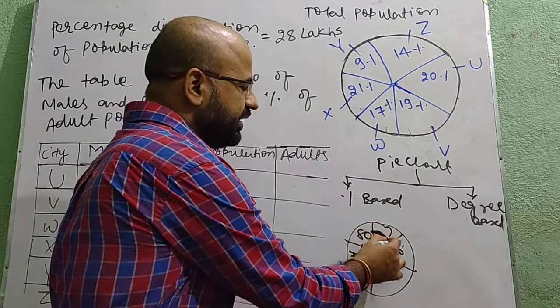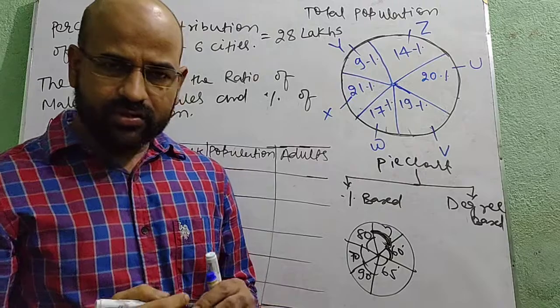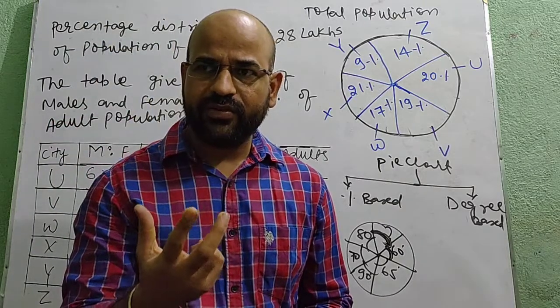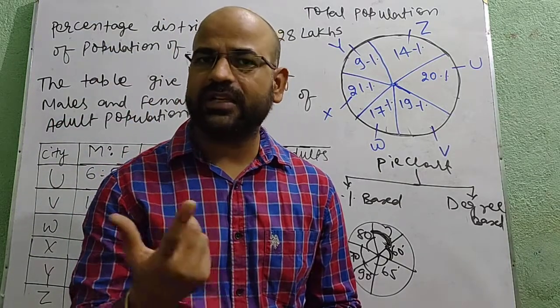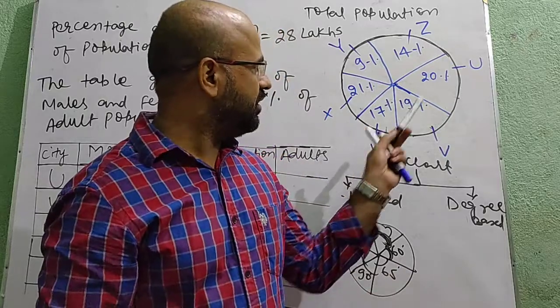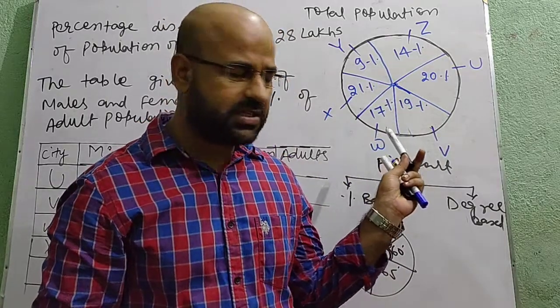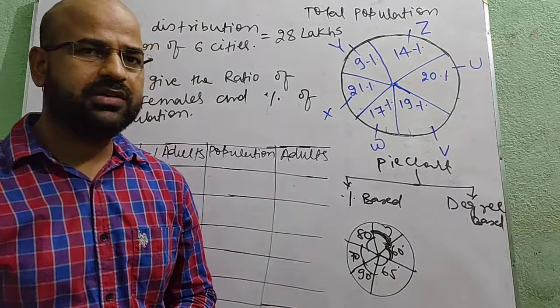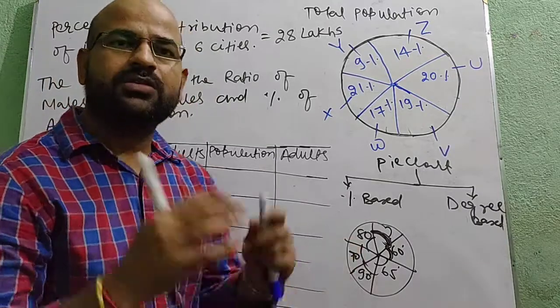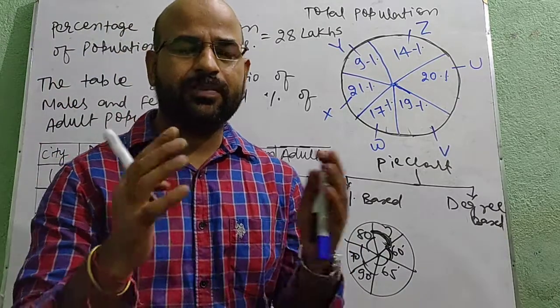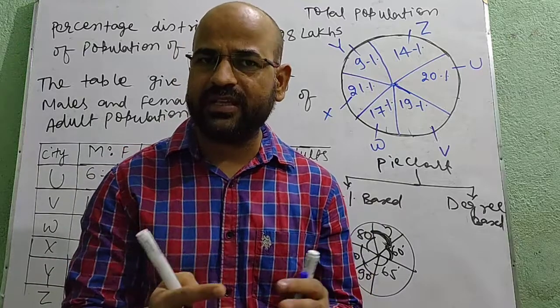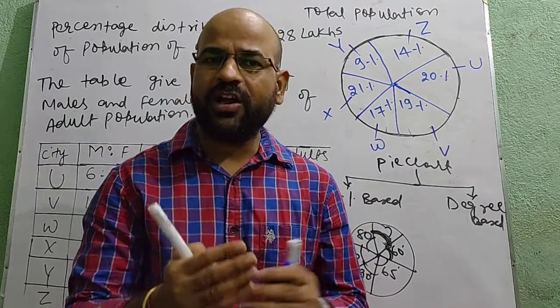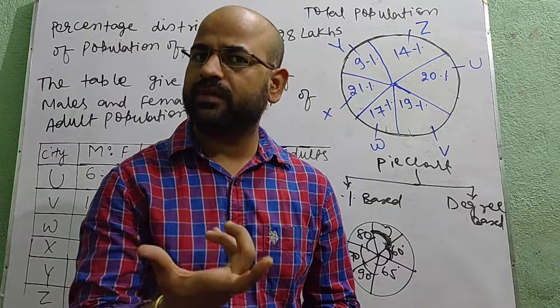That is the degree of this section. Means 2 types of pie chart: one is percentage based and the other is degree based. You are watching an example of percentage based, and the other example is degree based, the data of anything in degrees.